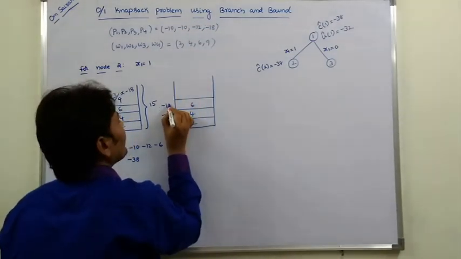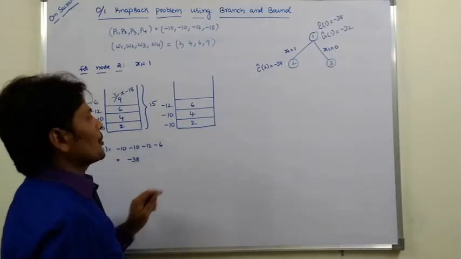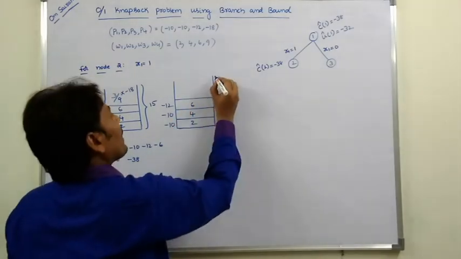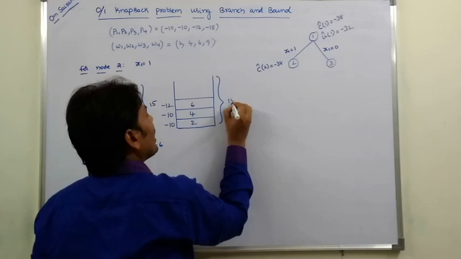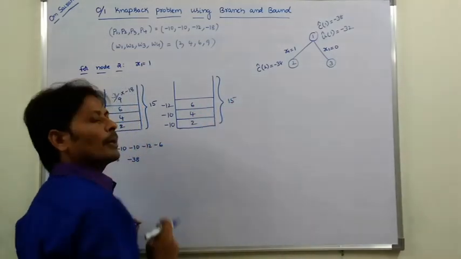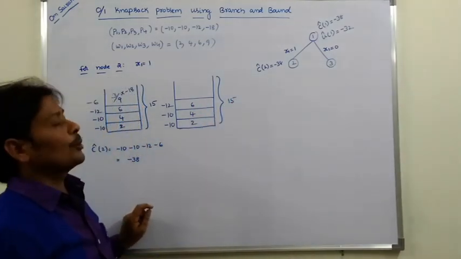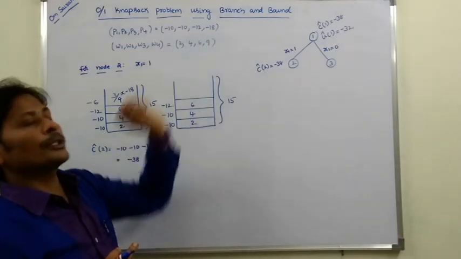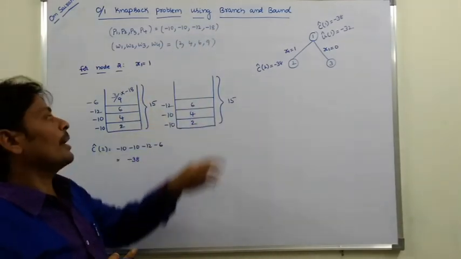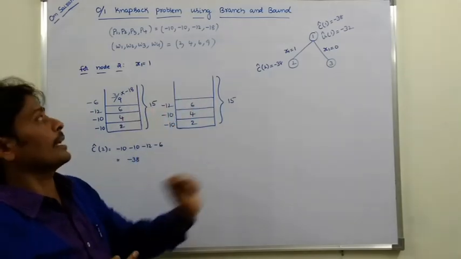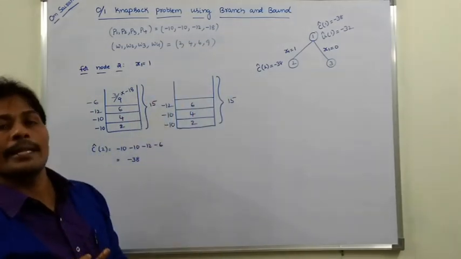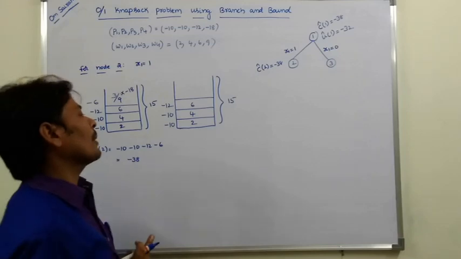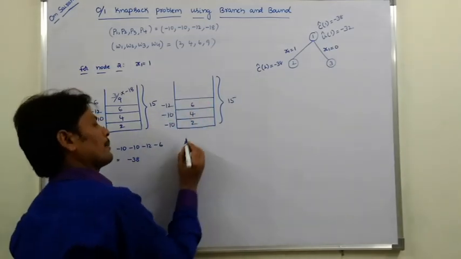The corresponding profit is minus 12. So here the remaining capacity is 15 minus 6 plus 4 plus 2, that is 3. So we do not place the complete fourth object into the knapsack because the remaining capacity is 3 but the weight of the object is 9. So we do not place the fourth object into the knapsack.